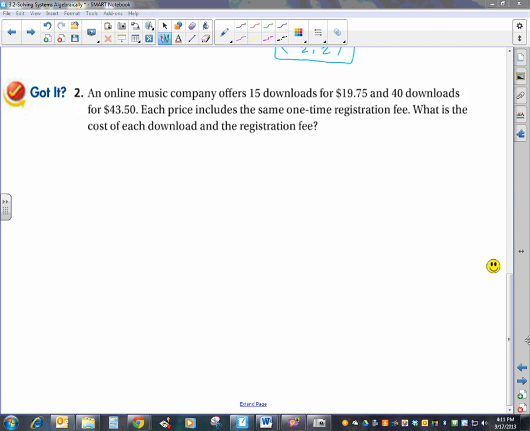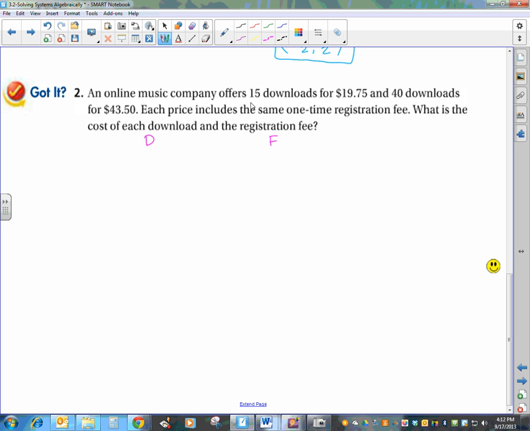So first and foremost, if you need to pause, if you need to read the question again, I'm going to jump right in. The first thing that I like to look at is, what is the cost of each download? What am I looking for? So I'm looking for the cost of each download, and I'm actually looking for that registration fee. So what are my two equations?